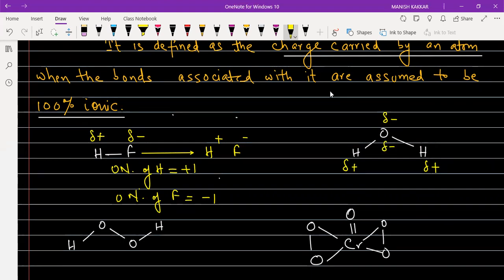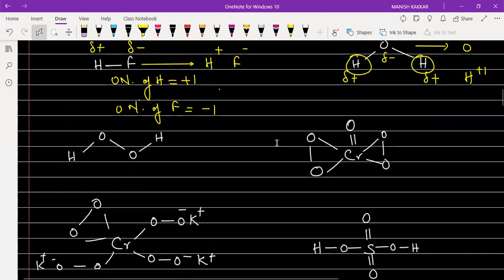Again, if I assume the bond to be 100% ionic in this case, oxygen will be present in -2 charge and hydrogen will be present in +1 charge. Both these hydrogen atoms are having the charge equal to +1. That is what we are saying from the very basic definition of the oxidation number.